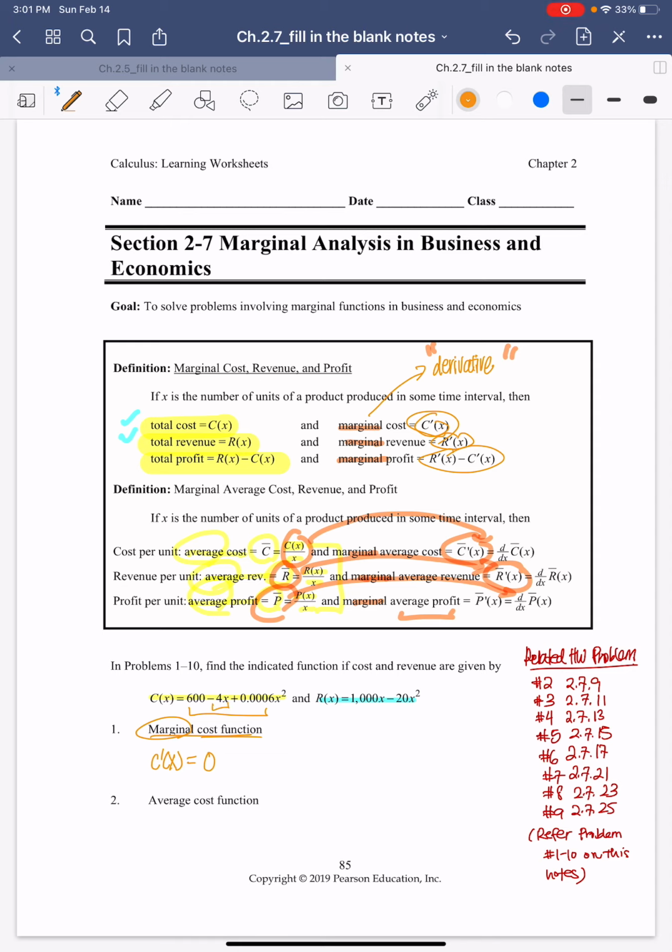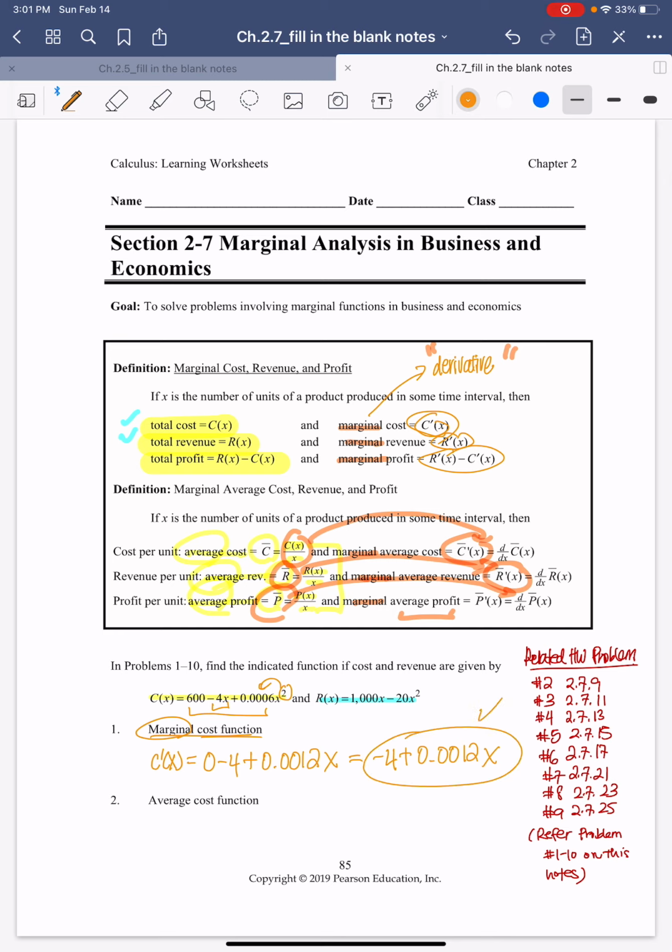Negative 4x means negative 4. The 2 comes down and multiplies with 6. So rewriting more nicely, I'm going to have negative 4 plus 0.0012x. That's it.